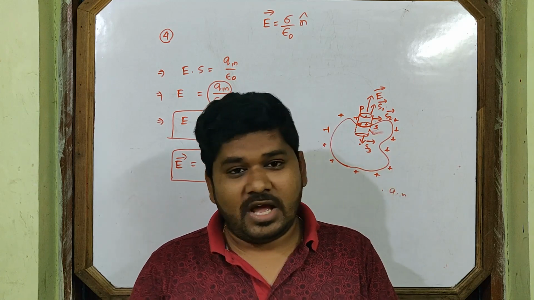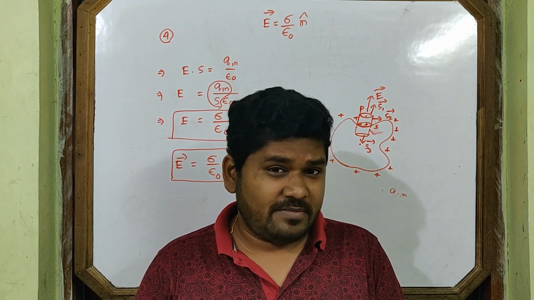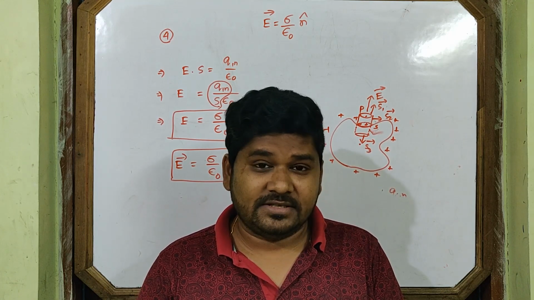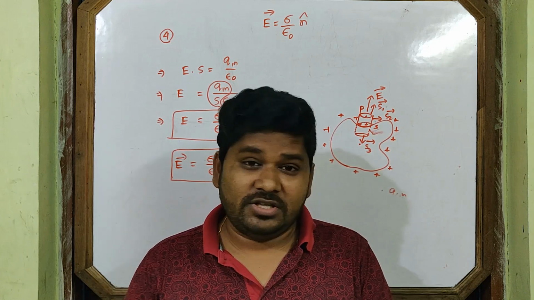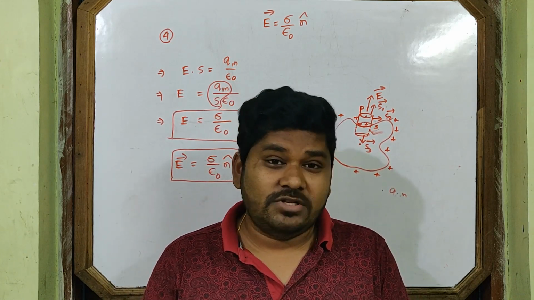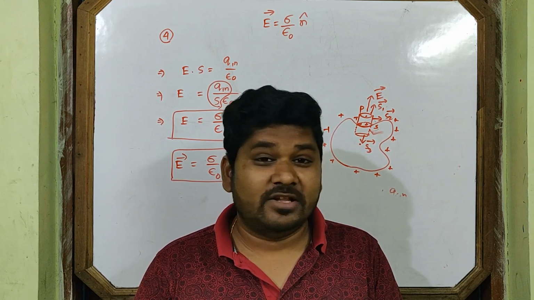Okay, so now we will consider one question you may ask here. Why am I telling just outside? Charges are present on the surface. Yes, as charges are present on the surface, if I take the Gaussian surface as the own surface of the conductor, then those charges will not be included in the Gaussian surface.